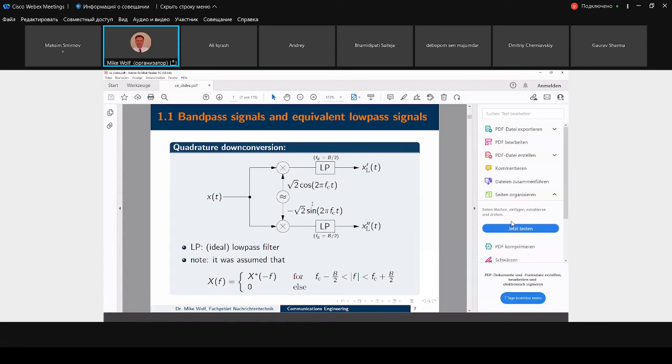Down means we go from these huge frequencies, let's say if it's Wi-Fi, 2.4 gigahertz, to 0 gigahertz. But then we have two output signals. One can be interpreted as the real part of a complex signal and the other as the imaginary part. But both signals are real, continuous time at this point.